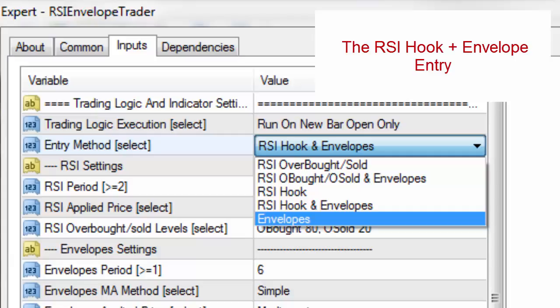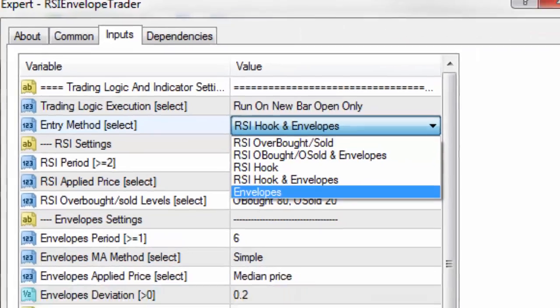Then the third one is the RSI hook system, which is on its own also a very good system. And then you have the RSI hook system plus the envelopes. Again, really a strong combination. And then the last one is envelopes on their own, and as we will see, those are profitable in their own right. So I'll go into these techniques now in a little bit more detail to show you how they work. I'll be using trades to show you how they work.